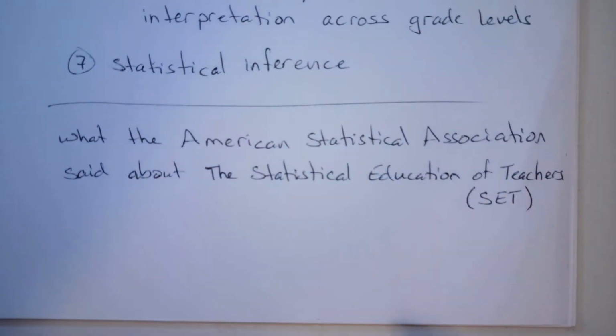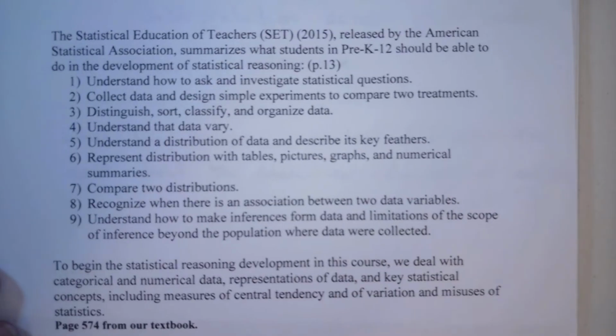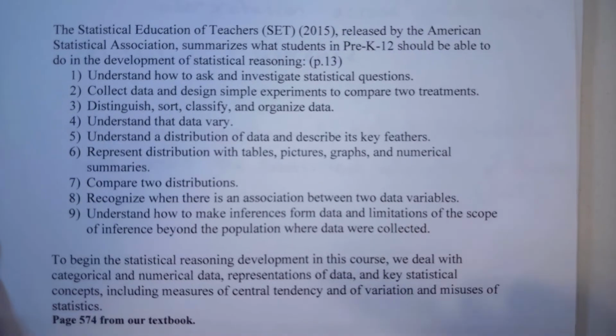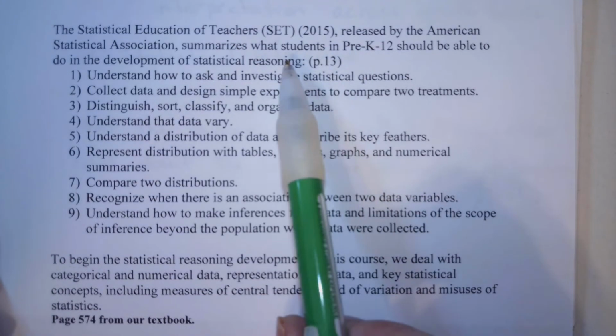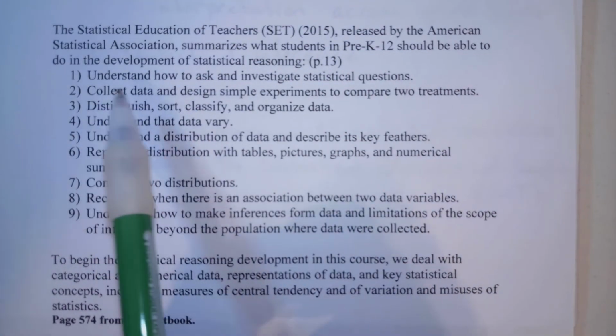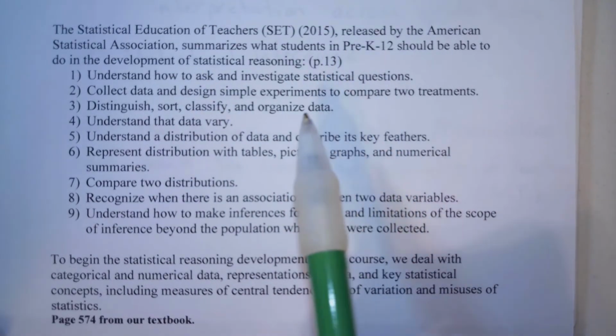To begin with, the American Statistical Association said this about the statistical education of teachers, called SET. This is what they determined. In 2015, the American Statistical Association released this summary: what students pre-K to 12 should be able to do in the development of statistical reasoning. This is page 13 of their findings.